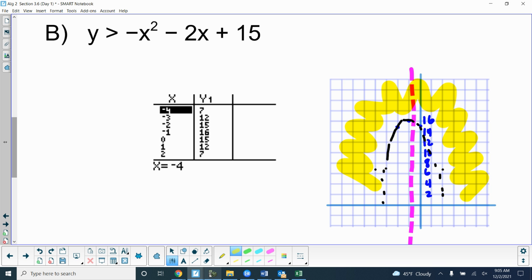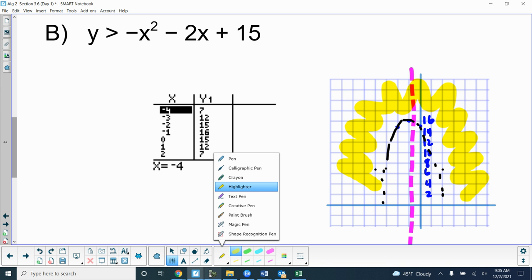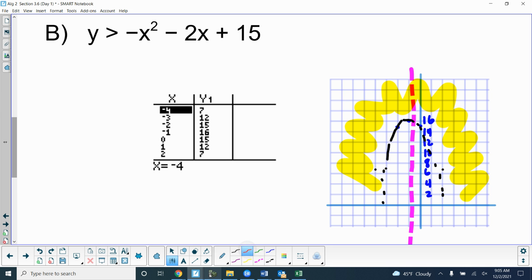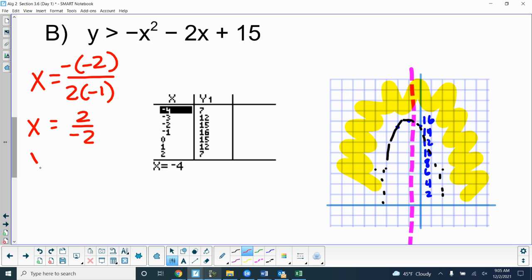Cindy. For the vertex? Okay, we can check that. So for the axis of symmetry, it'd be negative b over 2 times a. So that's a positive 2 over negative 2. So we got that -1. Did you put -1 in for x? Yeah. Okay.